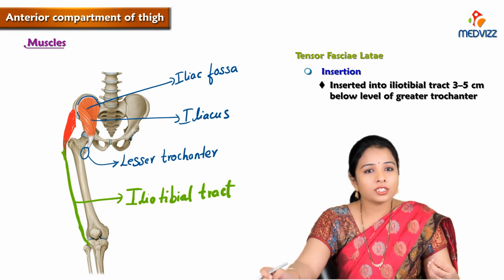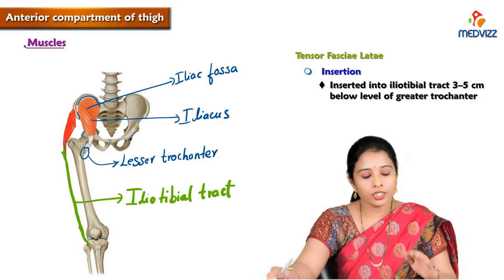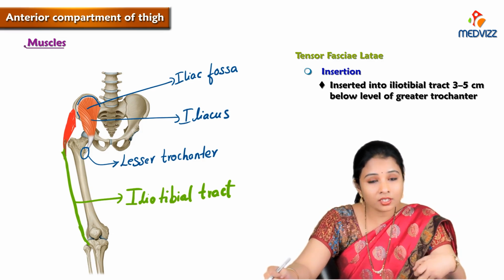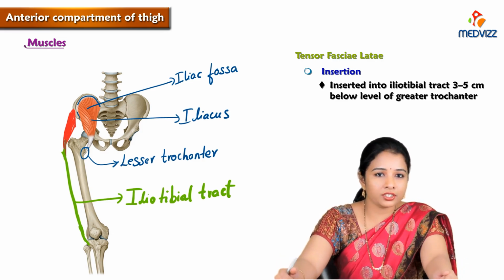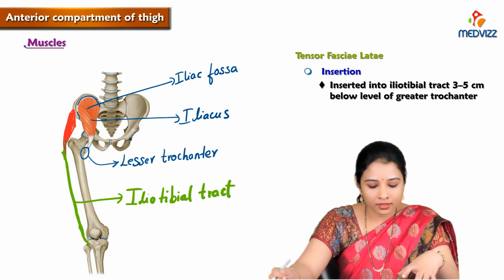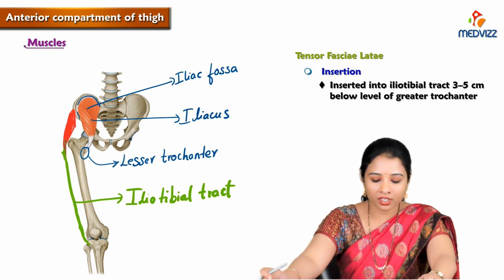Along with the tensor fascia lata, there is one more muscle which inserts into the iliotibial tract, the gluteus maximus muscle. And this is a gluteal muscle because it is related to the gluteal region.